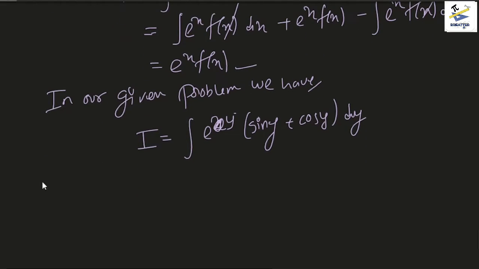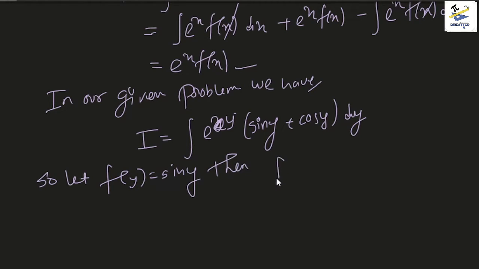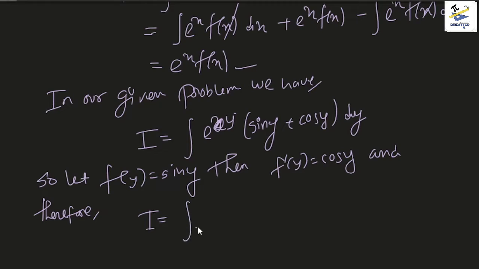So let f of y equal sine of y, then f dashed y would be equal to cosine of y, and therefore I equals the integral of e to the power y into f of y, which is sine of y, and cos y is the derivative, so f dashed y, right?